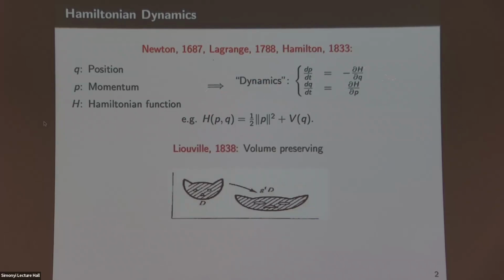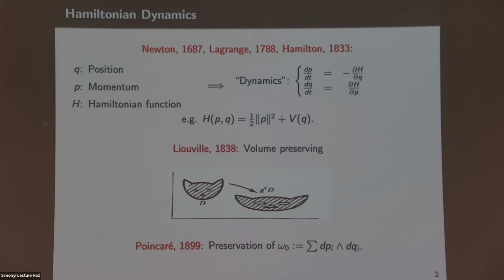A key feature of this system is that it's volume preserving, meaning if we take some set and look at the Hamiltonian flow of the set over time, it stays with the same volume. And as it turns out, something even finer is being preserved, this two-form, which we denote by omega naught, and it is called today the standard symplectic form.